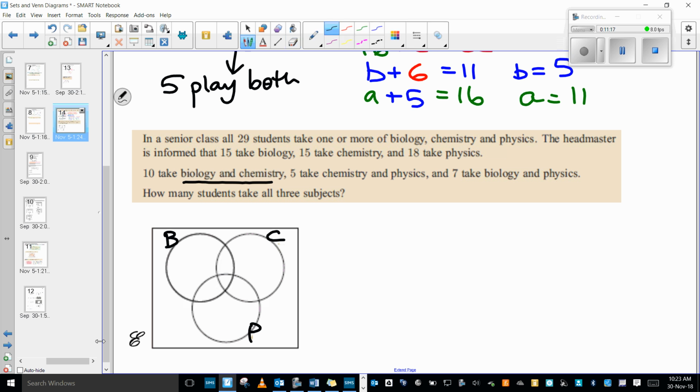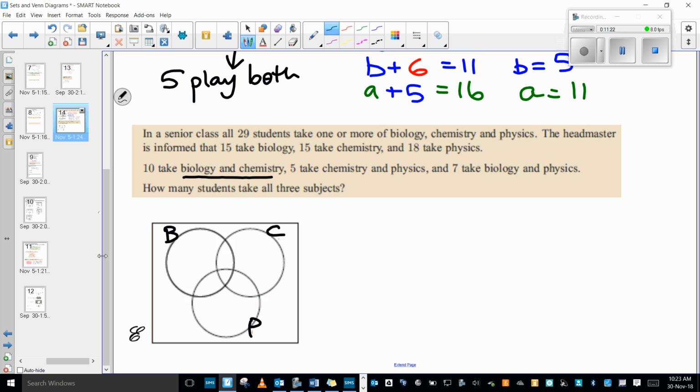Okay. So this one's a lot more challenging. We're going to have to label lots of things with letters. So we've got lots of small things. So we've got A, B, C, D, E, F, G. So my suggestion to you is that you're going to do something of that nature.